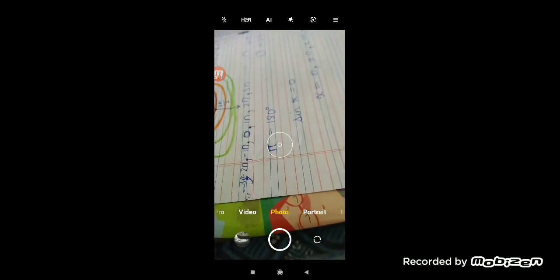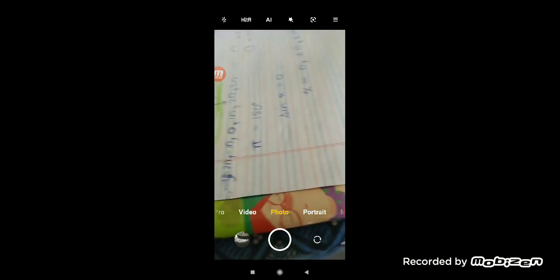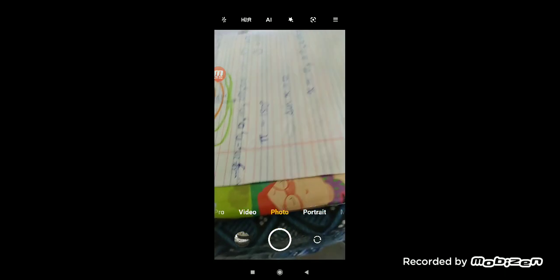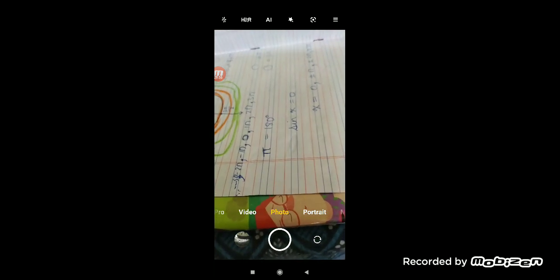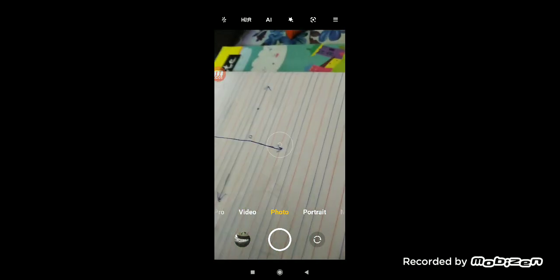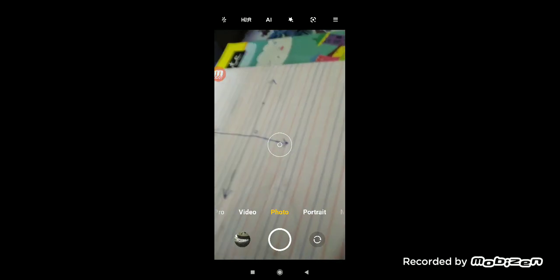So that's the logic. We'll create a proper graph for this in some time, and we'll upload it in the description of this video, so that you can refer to it all the time, because in the textbook there is no proper graph for this.